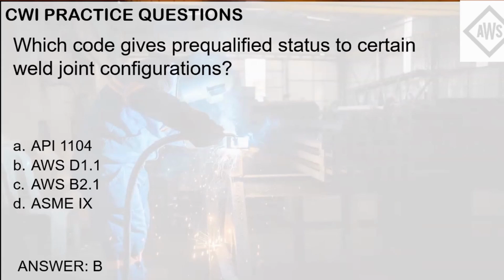Some of the processes are also specified in order for the welding procedure specification to be pre-qualified. For example, in D1.1, some welding processes are not pre-qualified, such as GMAW short circuiting. You cannot pre-qualify that. You'll need a test coupon, or a PQR, to determine if that welding procedure will be accepted.